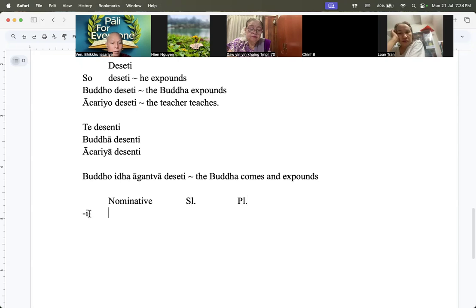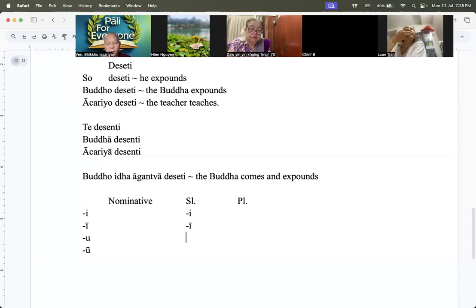Now, okay, E, U, and the U. So rarely not change. In the nominative case singular also E, and in the plural also E not changing, you see.